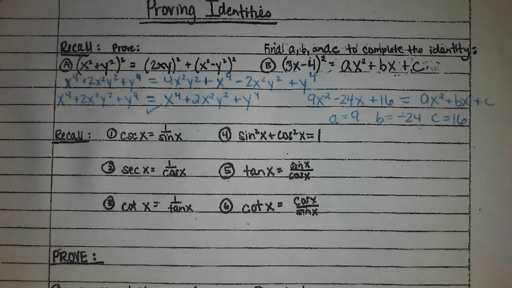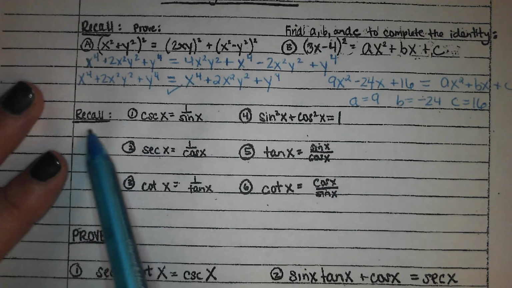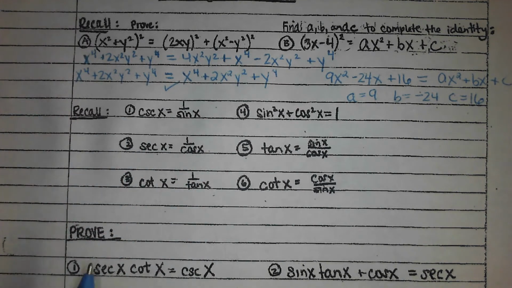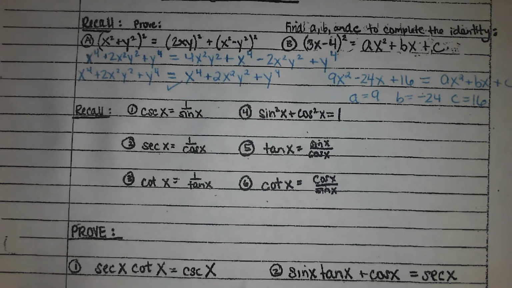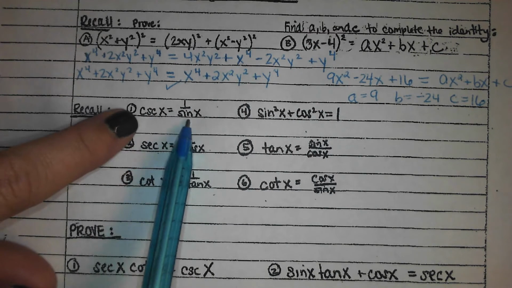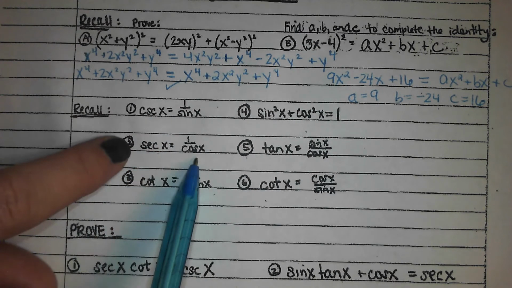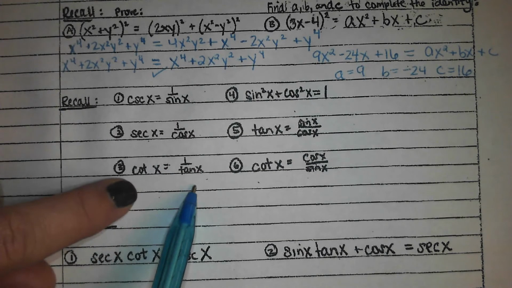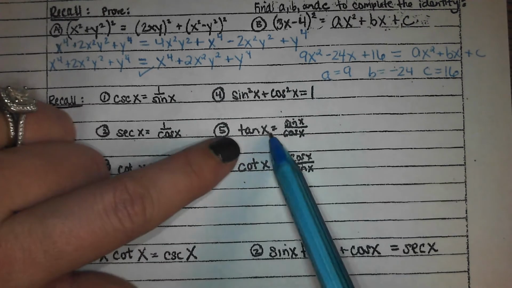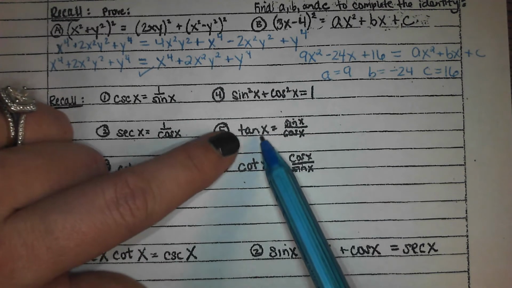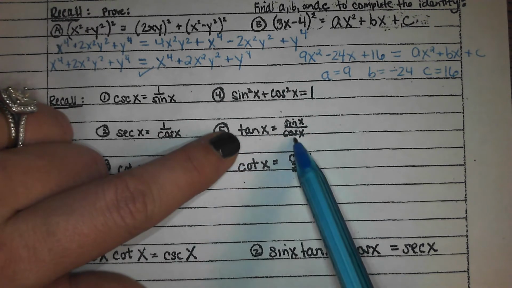So in Trig, and I say recall, we just did them on the flashcard sheet. Cosecant is the reciprocal of sine. Secant is the reciprocal of cosine. Cotangent is the reciprocal of tangent. Way back in the beginning, I also told you could write tangent as sine over cosine.